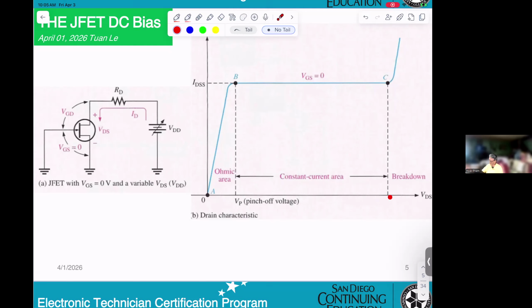When VDD is higher, they go to the breakdown region.